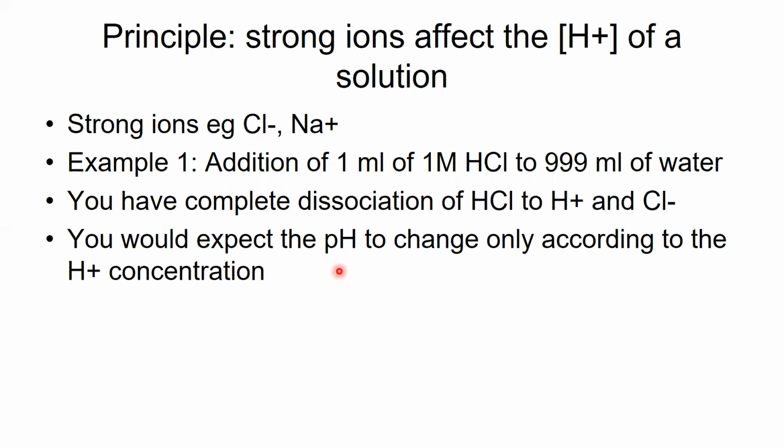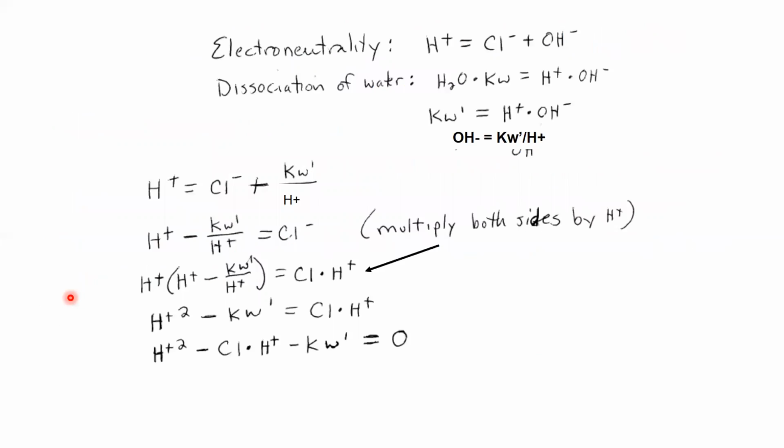In our freshman chemistry classes, we were told to calculate the new expected pH based on the amount of hydrogen ion added from the HCl and to ignore the chloride. So you would expect the pH to change only according to the H plus concentration.